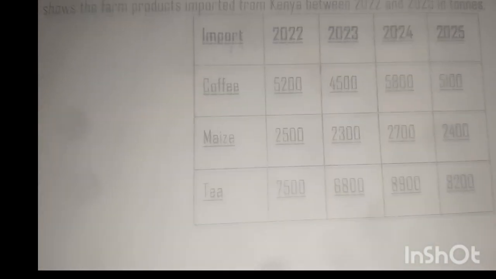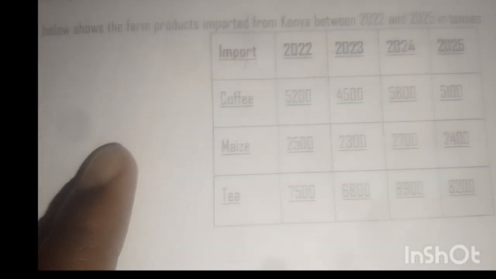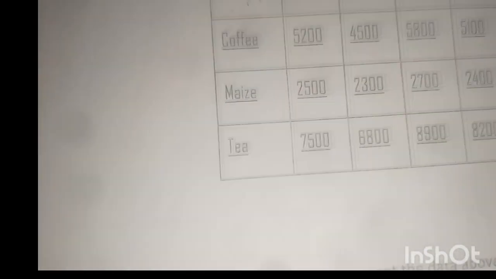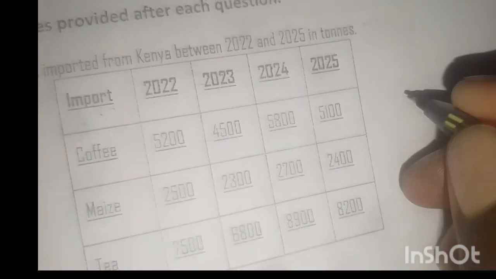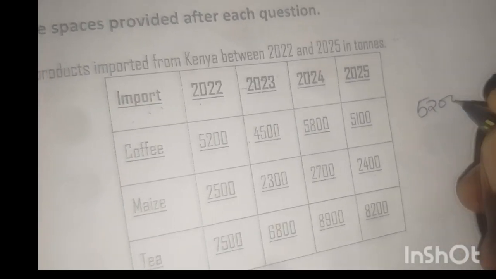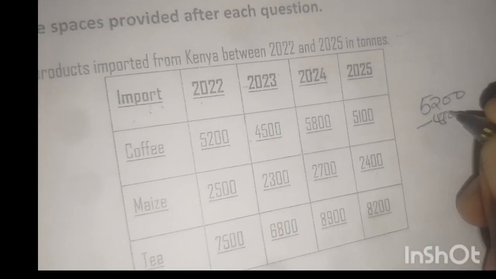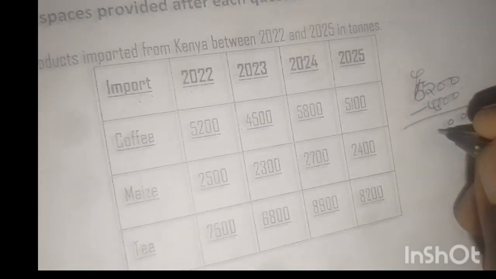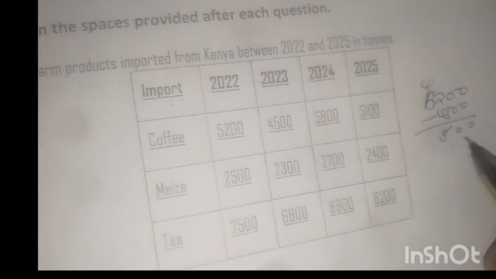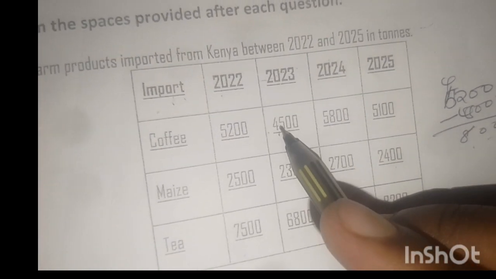Explain the trend of the farm product between the years. So over the years we're seeing a drop and an increase, etc. For example, for coffee it was 5,200 minus 4,500, so 800 tons drop.